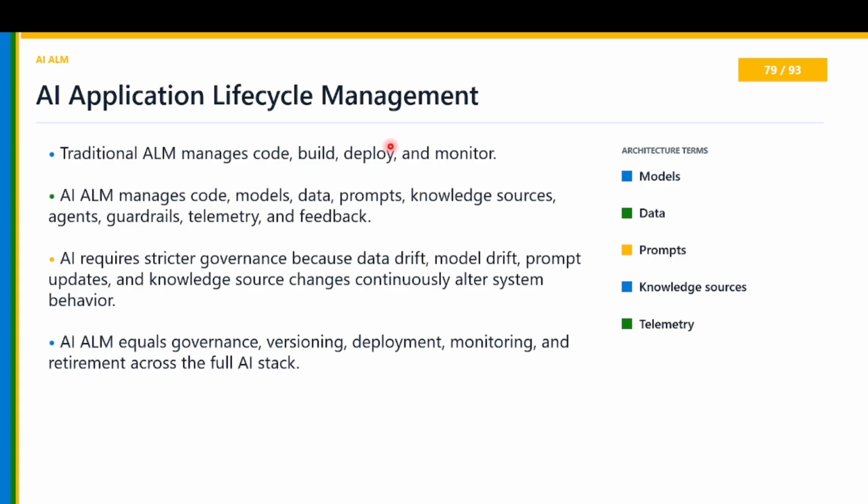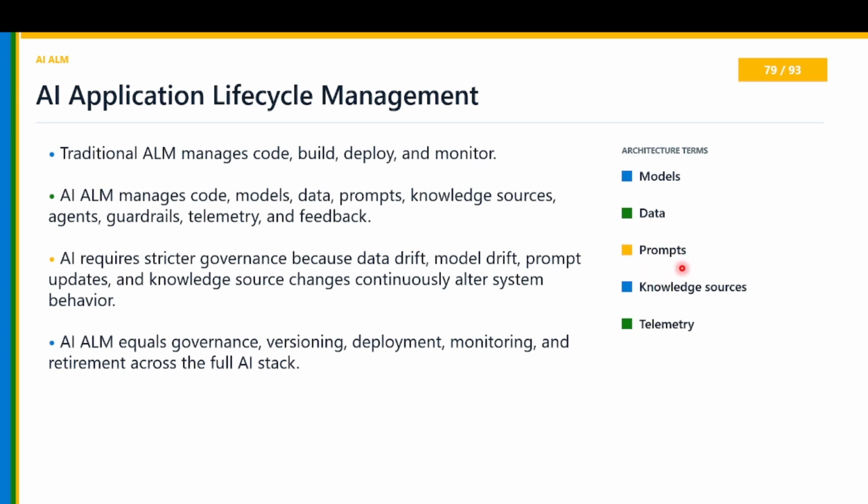AI ALM, very important. The architecture terms that you should understand here are models, which are your base model, LLM and SLM. You have your data layer, data architecture, either from SharePoint, OneDrive, blob storage, or a RAG database, or Azure SQL database, or the warehouse, or Fabric, or OneLake, wherever the data are.